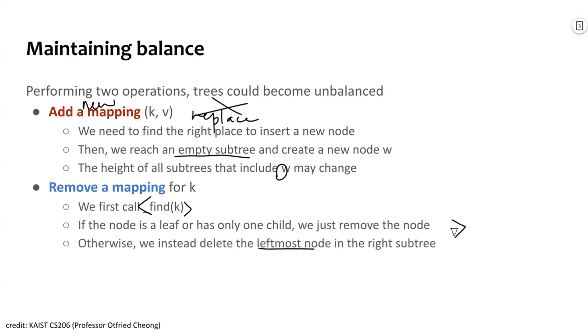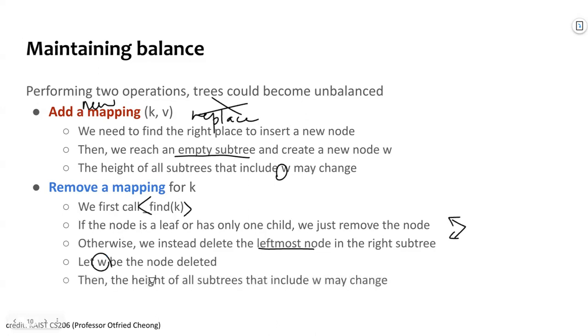So this is just a recap of what we did for BST. And let W be the node deleted. And the height of all subtrees that include W may change. So when we are adding a new node or deleting a node, W, then we need to think about all the subtrees that include W because their heights might change.